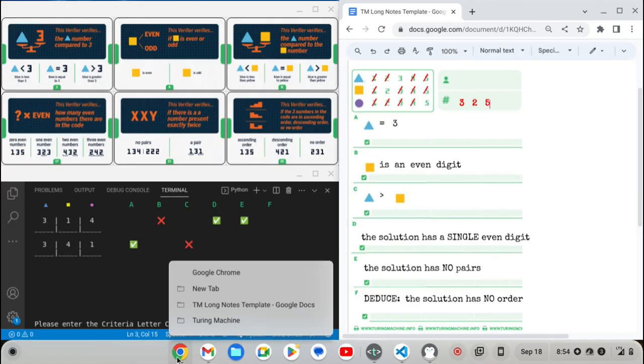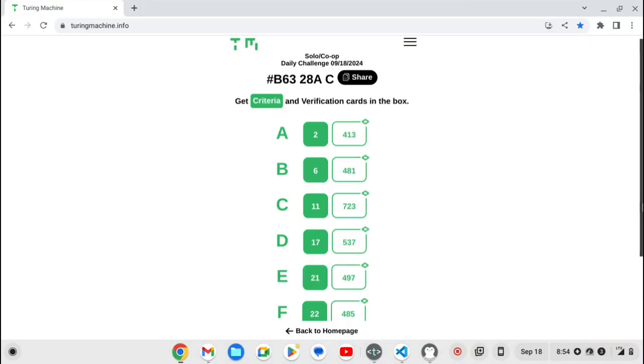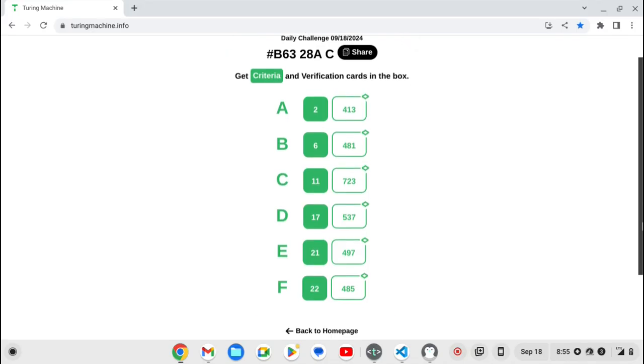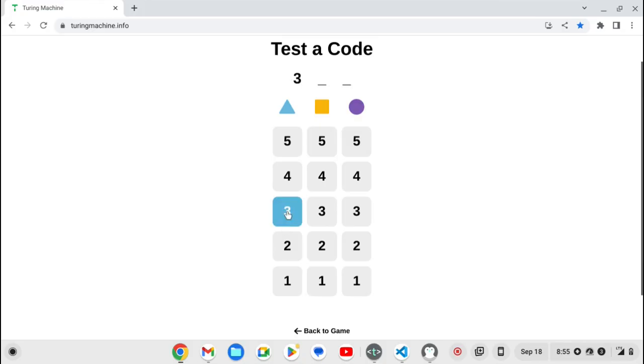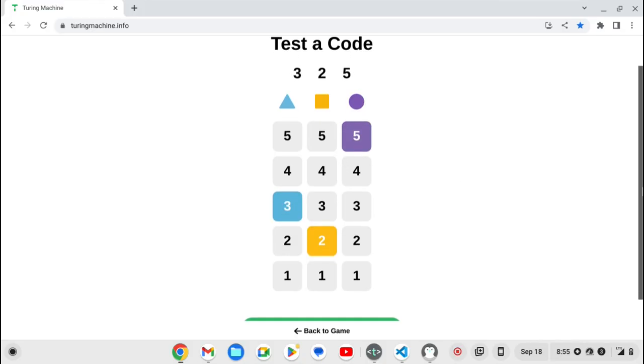Well, let's go verify. So 3, 2, 5. Fantastic. Okay, so let's see how we did versus the Turing machine.